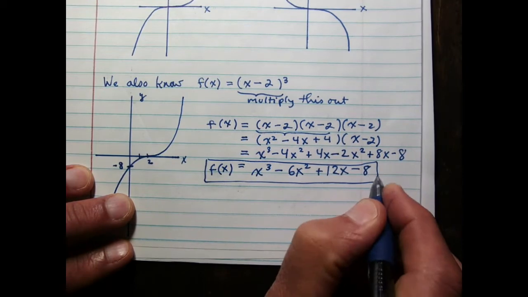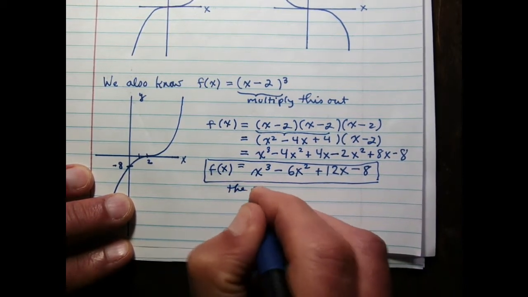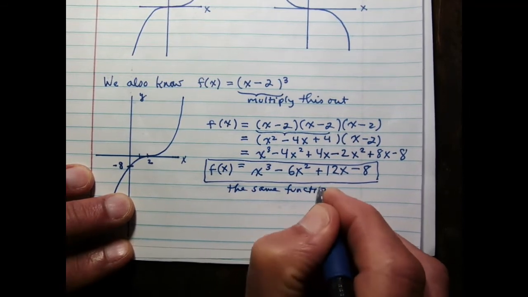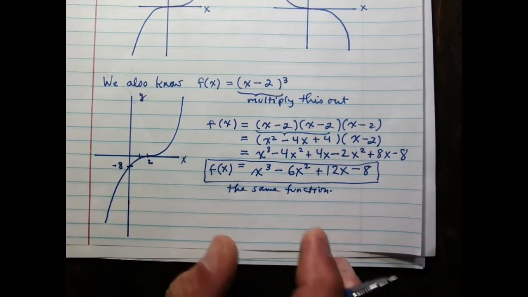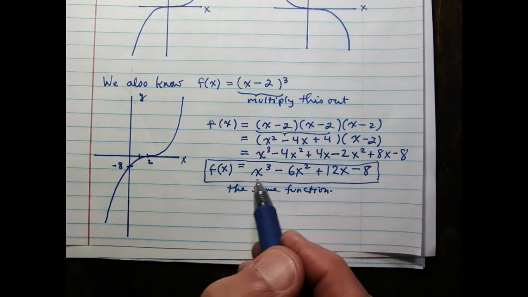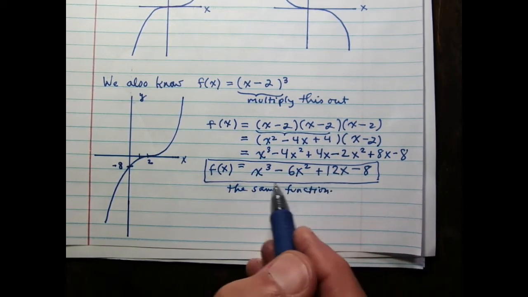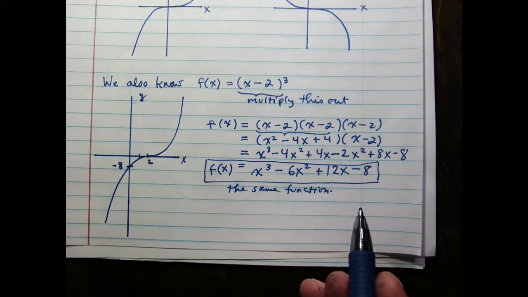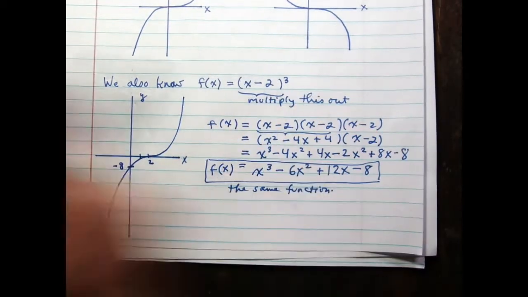One of the challenges we're going to face is, if we see a function in this kind of multiplied out form, can we recognize the graph?